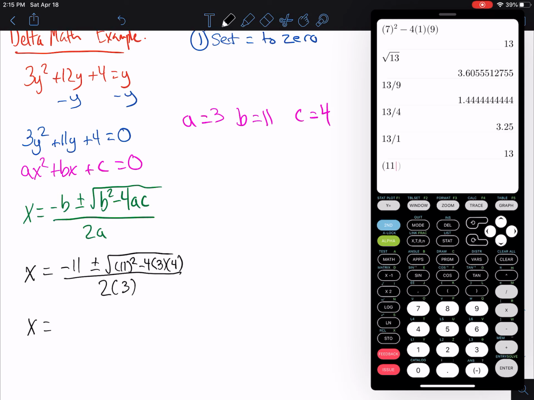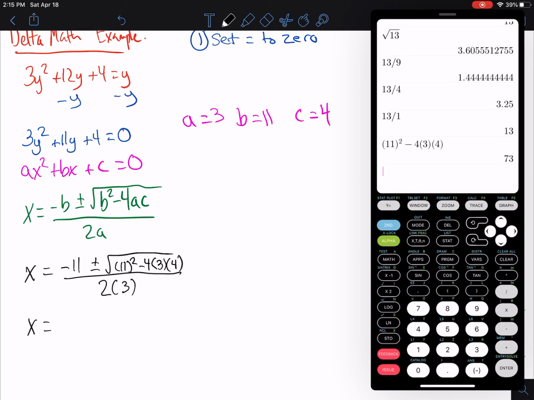So for us, that is 11 squared minus 4 times 3 times 4, and that is the number 73. So I get negative 11 plus or minus radical 73, and I can simplify the bottom. 2 times 3 is just the number 6.